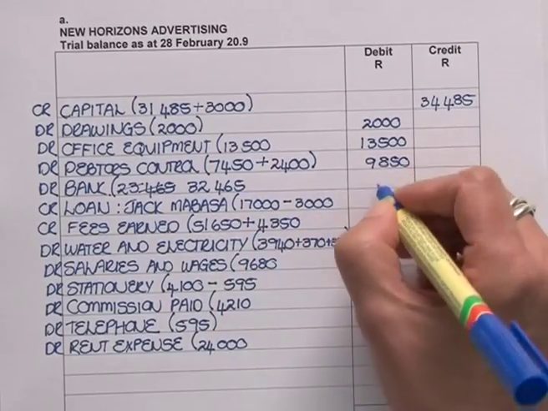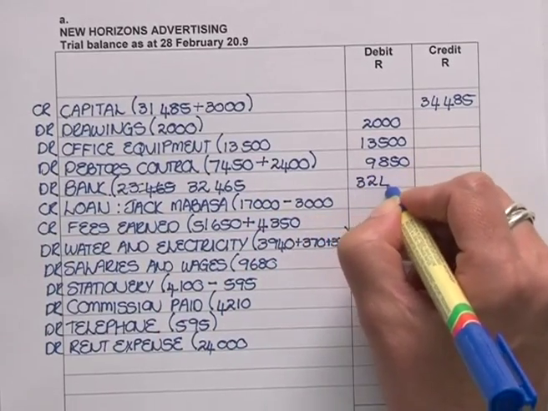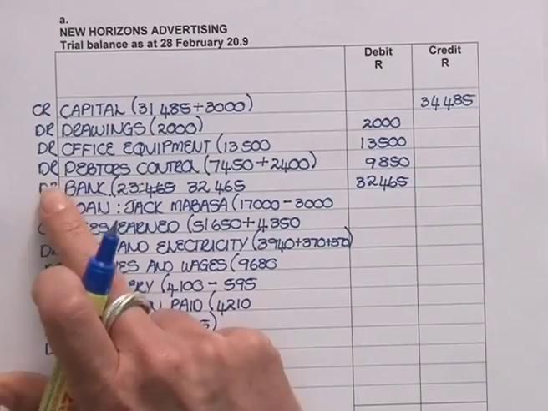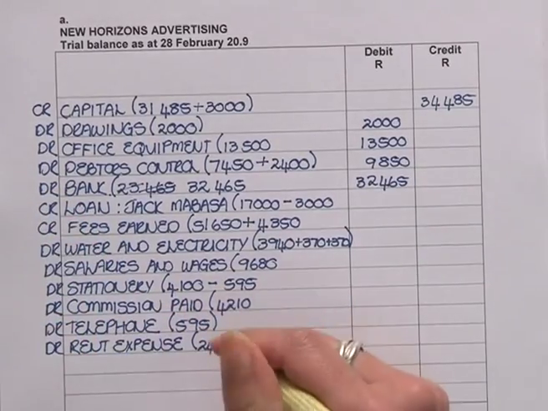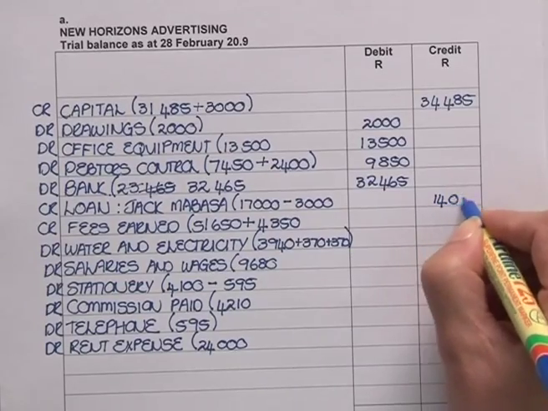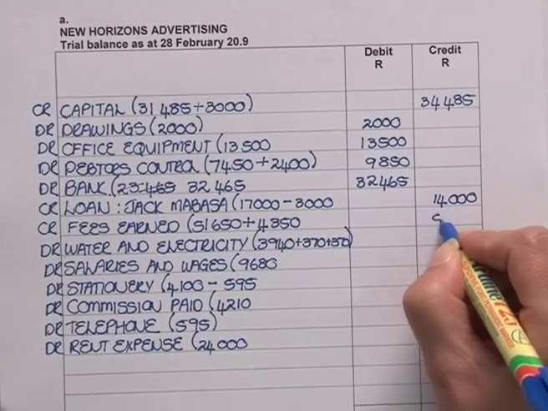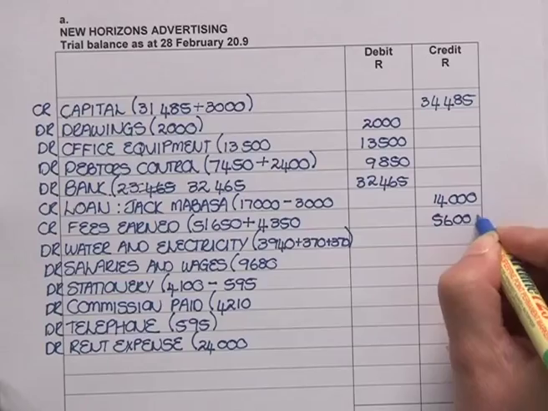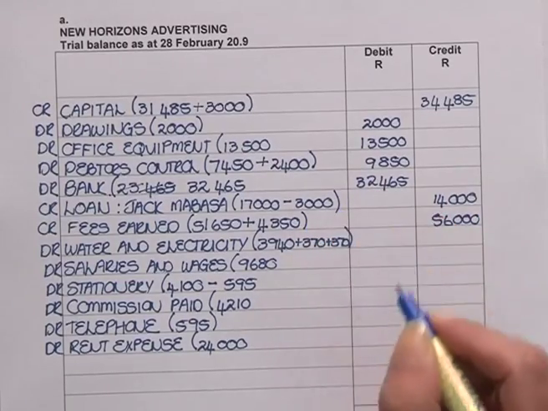Our bank we changed. And you just follow your instructions in the margin. The loan was also adjusted. And we will carry on with all of these adjustments.